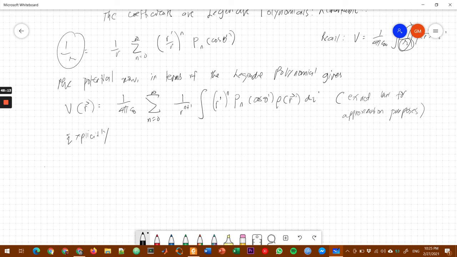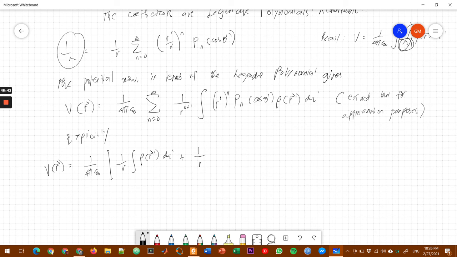So, V of R is actually this. So, 1 over R. So, for n equals 0, substitute nimo ang n equals 0, that will be 1 over R. Then, the integral R prime theta prime, plus n equals 1 na po.